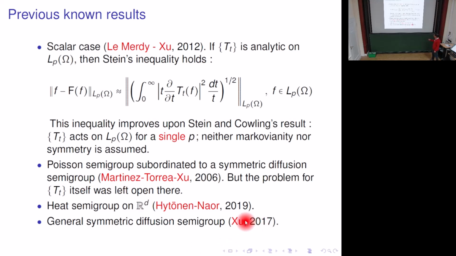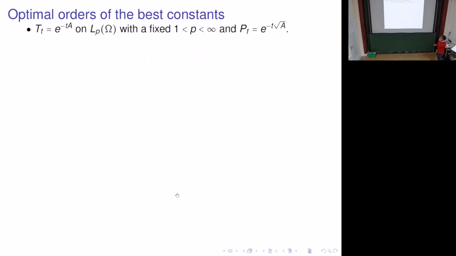My paper was published before the publication of theirs, but this work was directly motivated by their work. So all these are the results before the final one for the very general case.